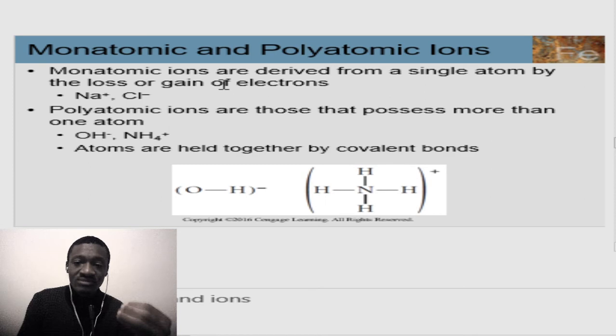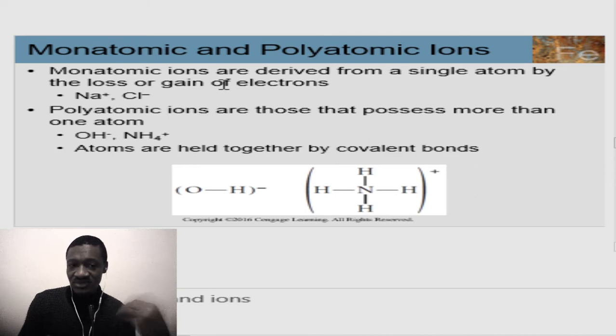That's why it's called monatomic, meaning that these are ions derived from a single atom on the basis of loss or gain of electron. And then the polyatomic, these are ions derived from more than one atom.